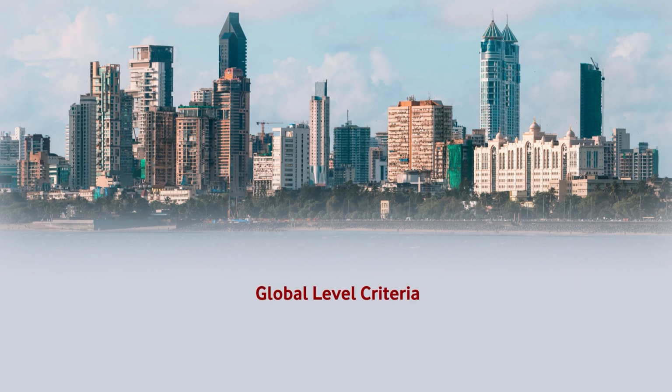Talking about global level criteria, Denmark says if it is 250 inhabitants or more, then it is urban. Greenland says 300 inhabitants, USA says 2,500 inhabitants, India says 5,000 inhabitants, Korea says 40,000 inhabitants.